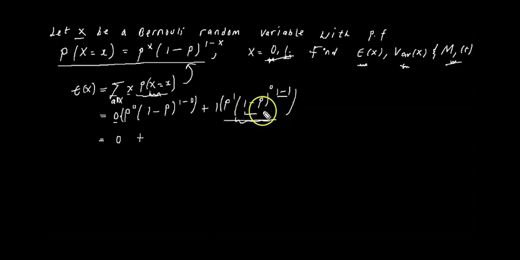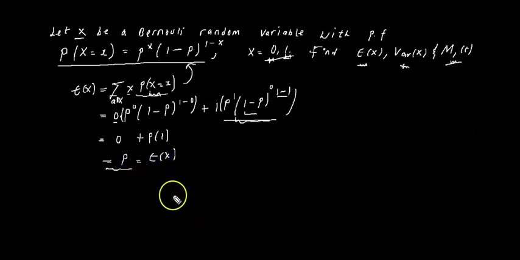So p raised to the power 1 is just itself. Then multiplied by 1, the conclusion to this is just p. So this is our expected value of the binary distribution.